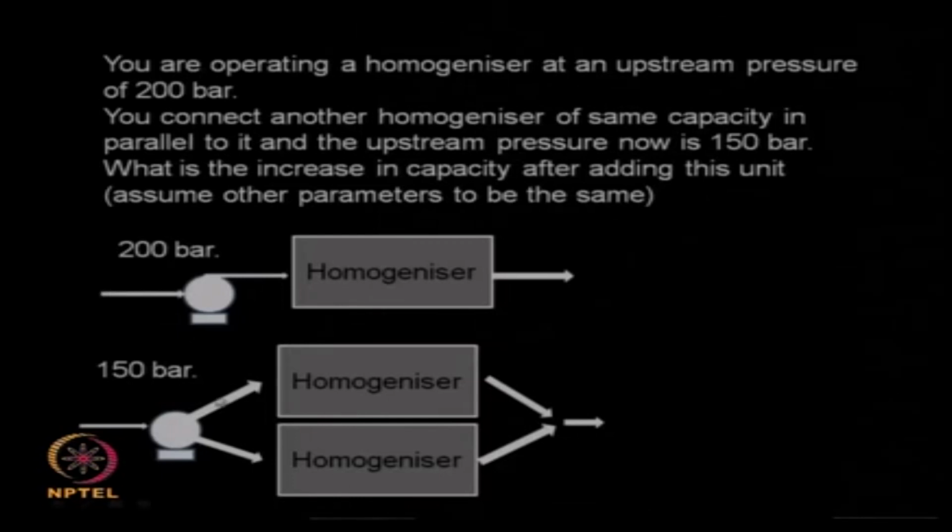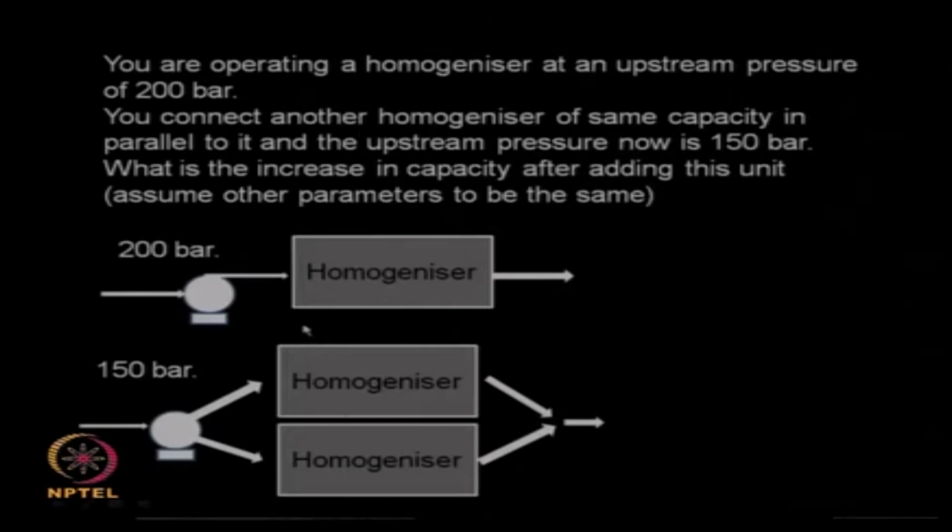Now imagine that you are putting another homogenizer of the same capacity in parallel to the one that already exists. Because you have put in that extra homogenizer, the pressure goes down to 150 bar.